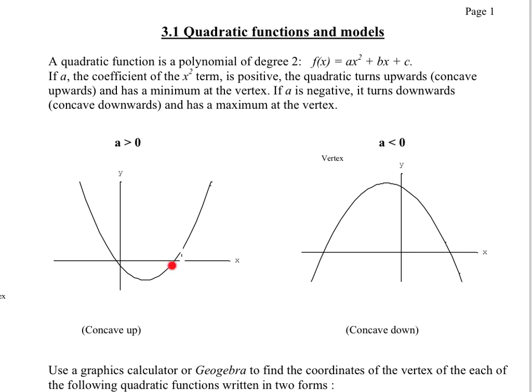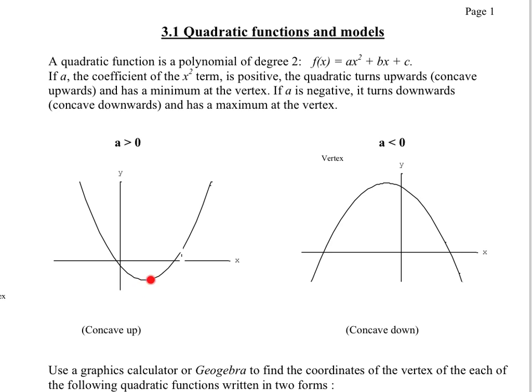This shape here, if it's smiling at you, it means it's concave upwards, and if it's not happy, then it's concave downwards. Of course, there's a vertex.